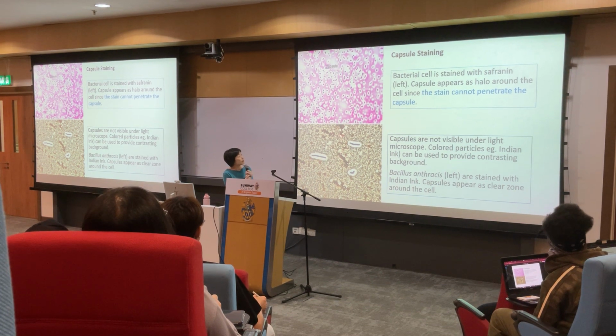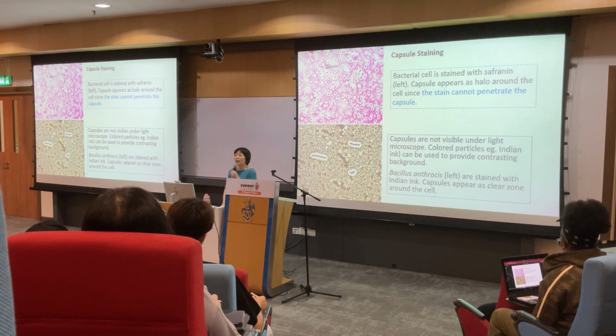So the background will stain very densely, leaving the capsule unstained. The reason is that the mesh is tightly packed and the ink or dye or stain cannot penetrate the capsule. So that allows us to identify the capsules.